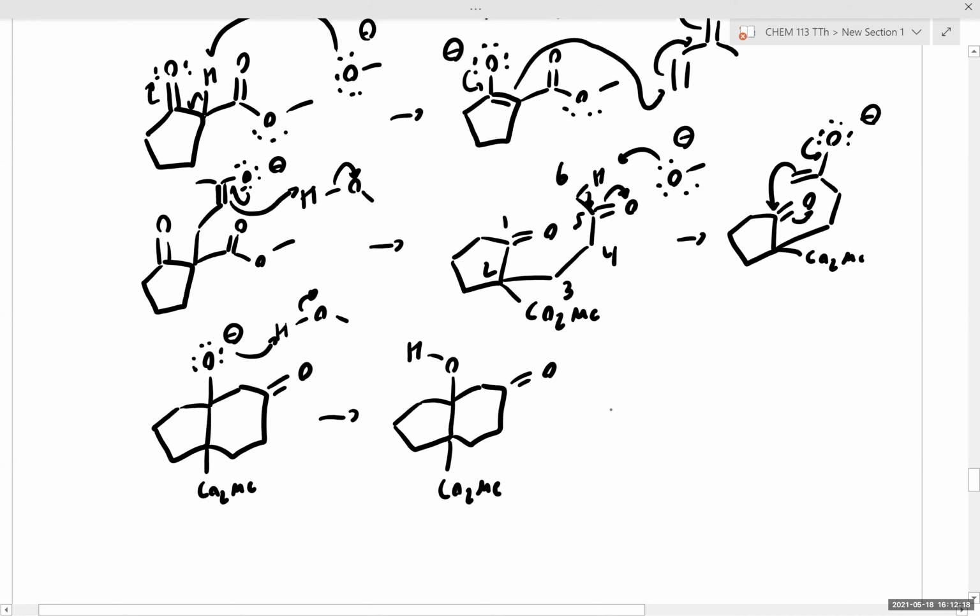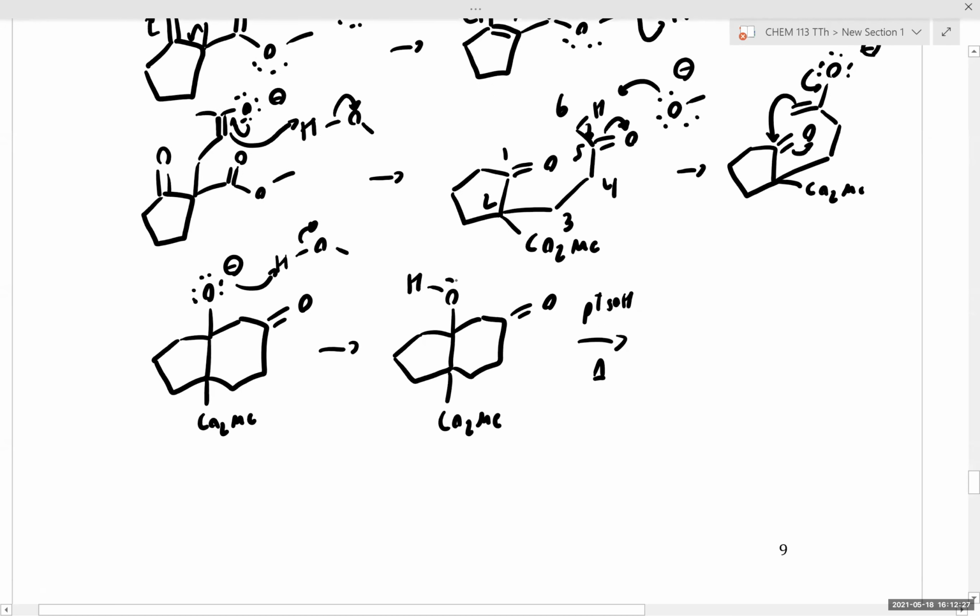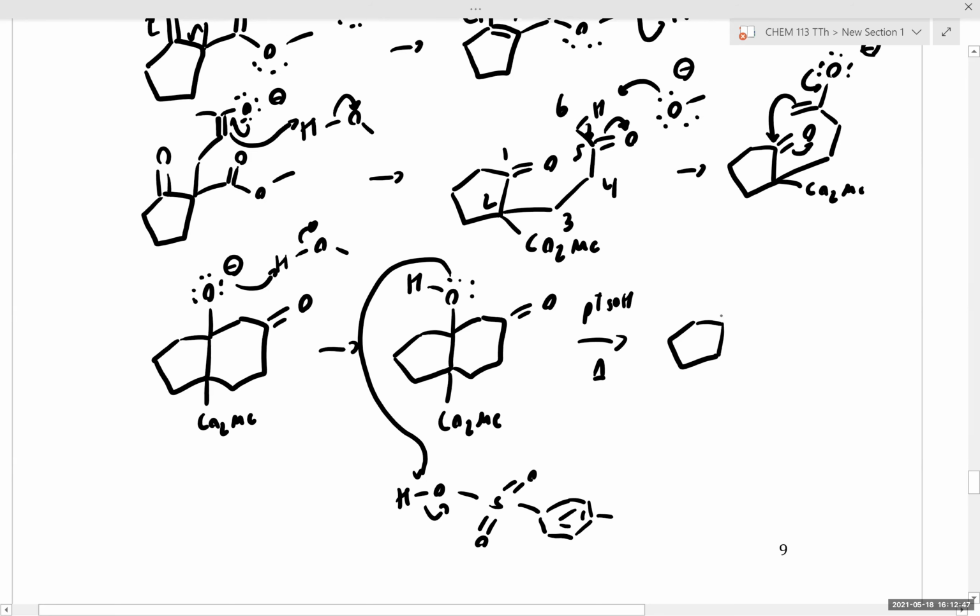So from here now, if we treat with toluene sulfonic acid and heat, we can dehydrate this enone. We can dehydrate our beta hydroxyketone to the corresponding enone. So toluene sulfonic acid will protonate our alcohol.